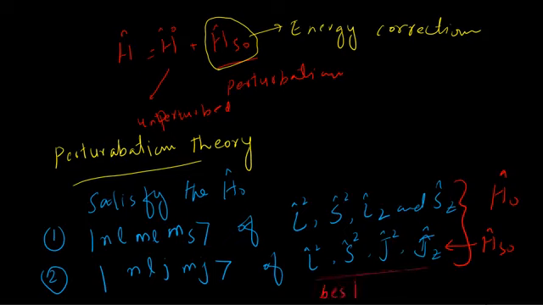Our second eigenstate is our best choice. So we choose this state to find the energy correction due to the perturbed Hamiltonian. Now we are going to do further calculation on it.